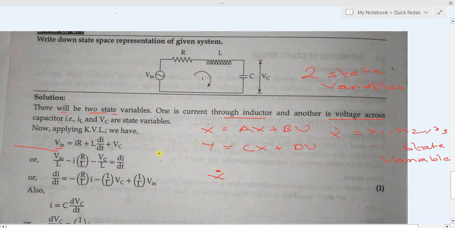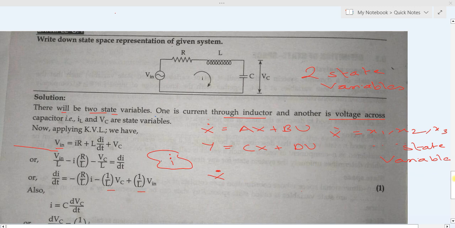Here di/dt represents I dot, which is the form of the state equation. So we got di/dt equals minus R/L times I minus 1/L times Vc plus 1/L times Vin.